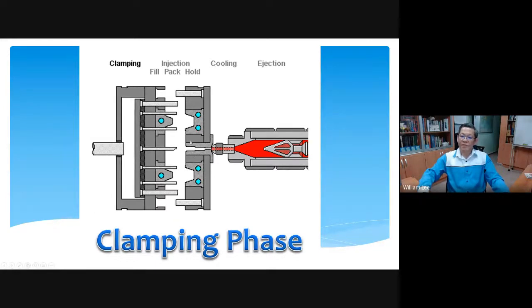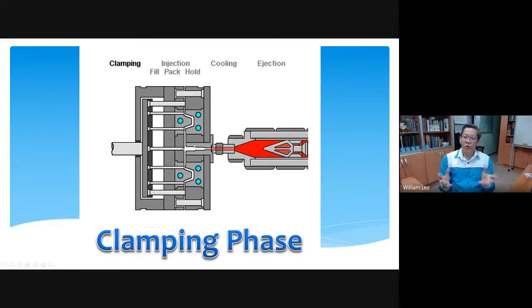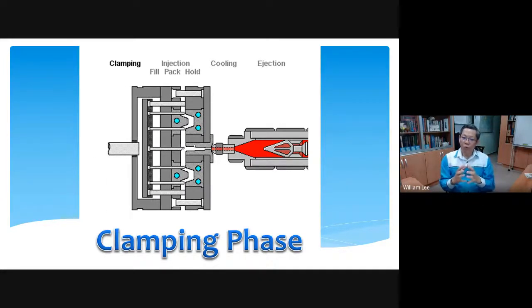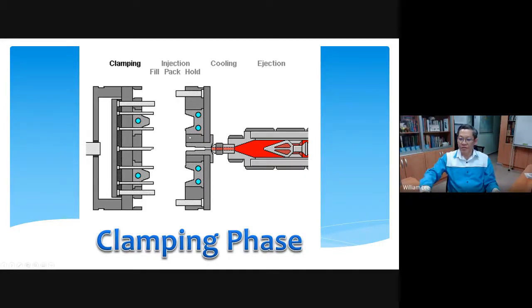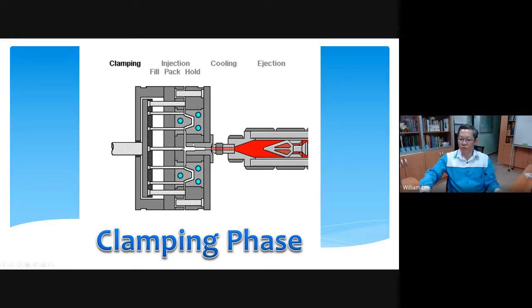During the clamping phase, when the mold is closed, the machine has to build up the clamping force. Clamping force is trying to close the mold, whereas the injection force is trying to open the mold. Initially the mold is empty, so there's no pressure inside, only atmospheric pressure because it is filled by air.